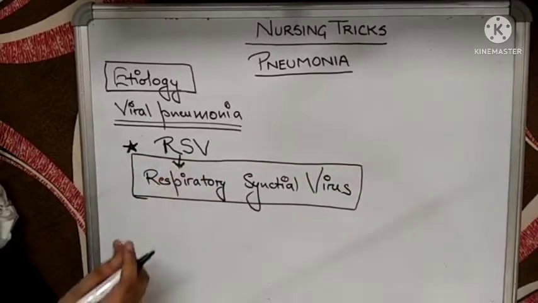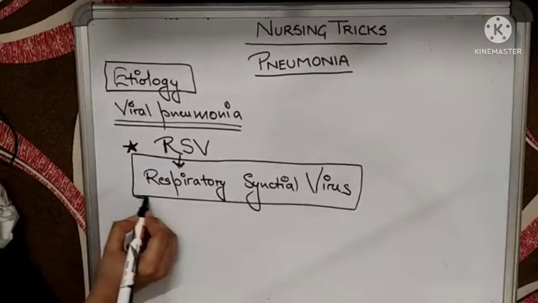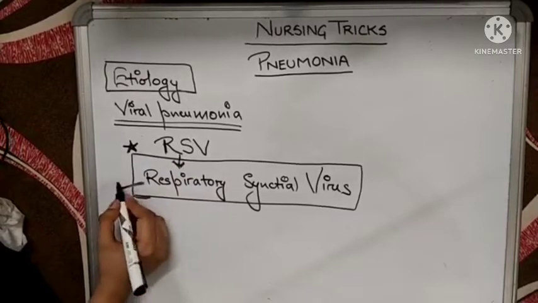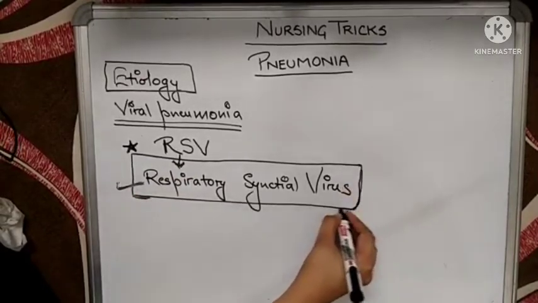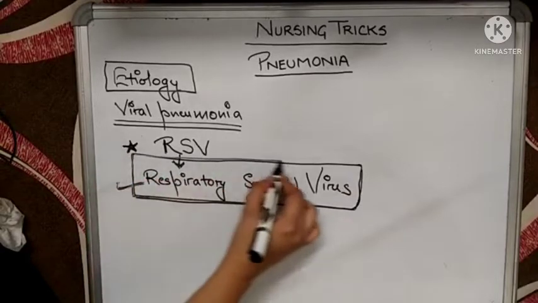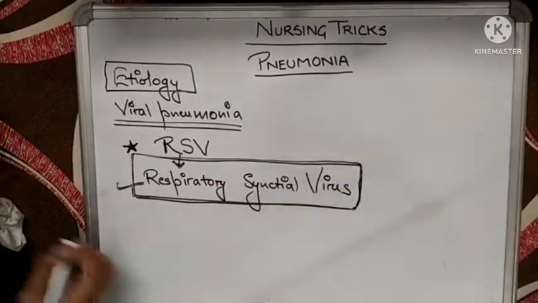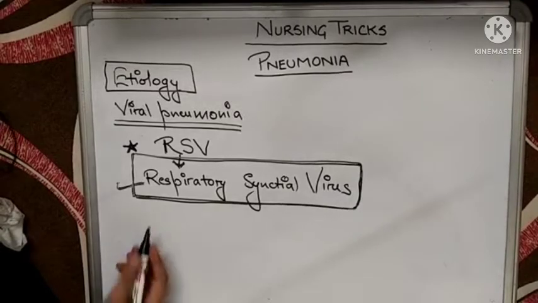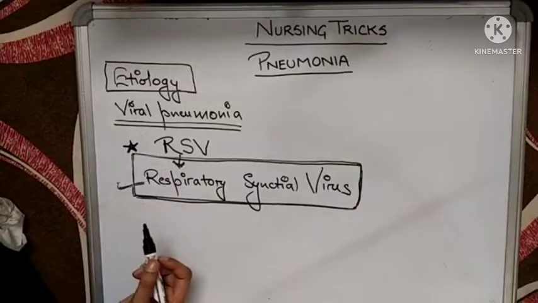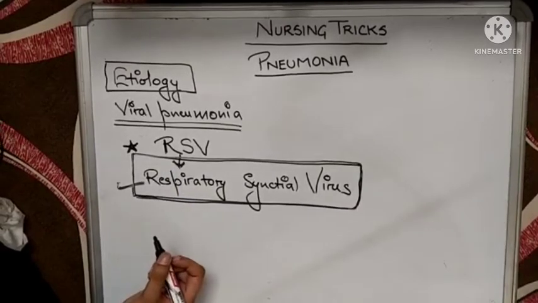And just to add on to your knowledge, we have seen the name of this virus somewhere else also. This virus is also responsible for causing bronchiolitis. If you have seen my previous video, I told you there also that RSV is responsible for bronchiolitis. So here you see it is also responsible for the process of pneumonia.